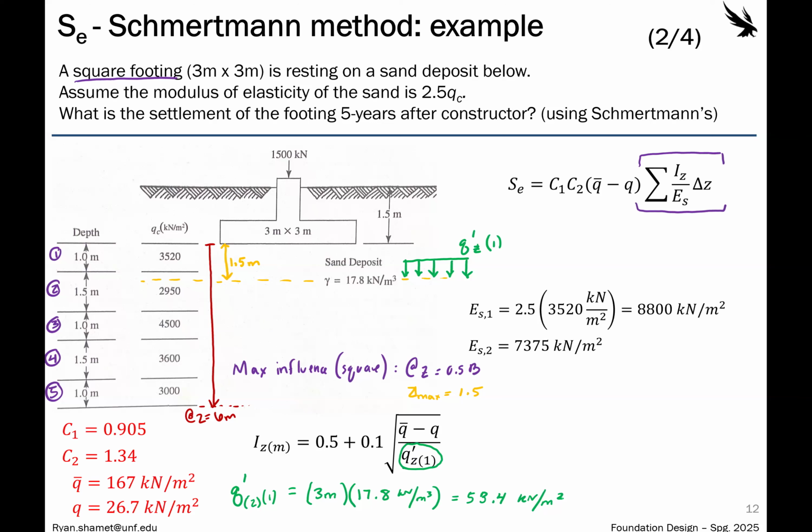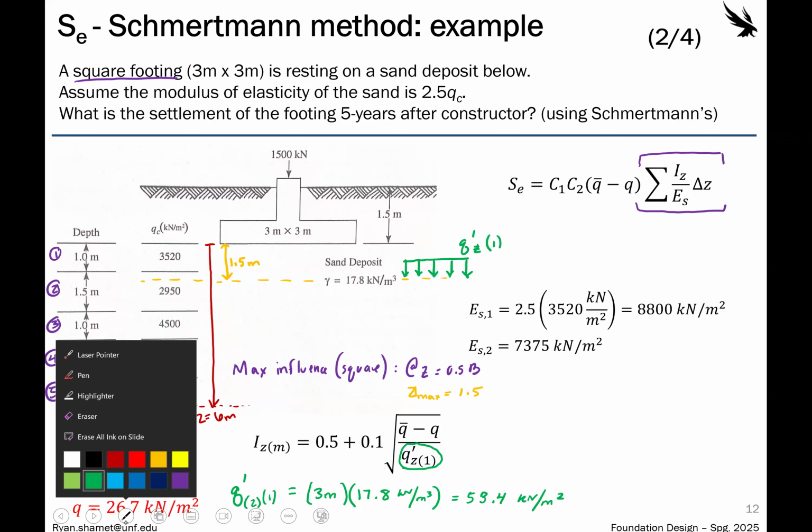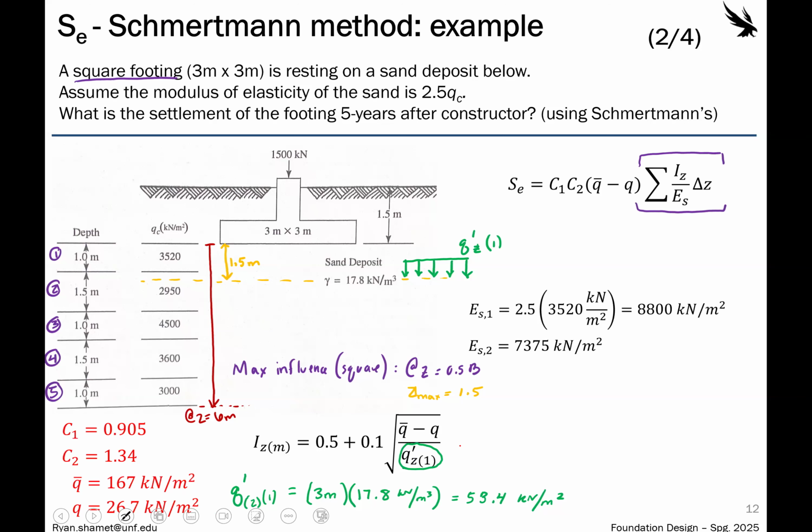Okay, so now that we found that value, we have everything that we need to calculate our maximum influence value. So we can plug everything in here. 0.5 plus 0.1, and then this is 167 minus 26.7 all over 53.4.